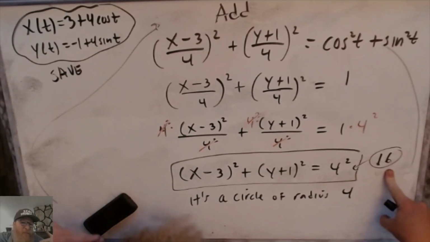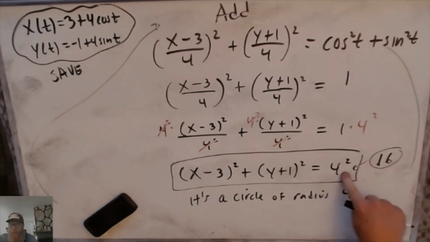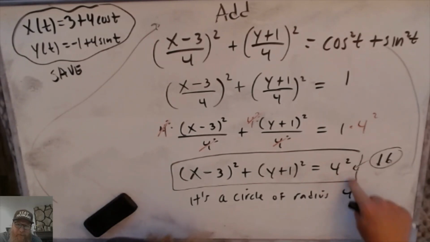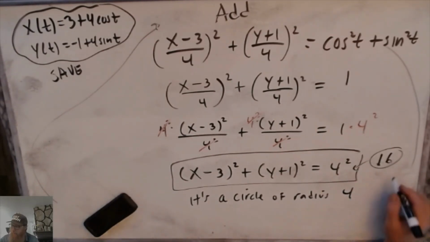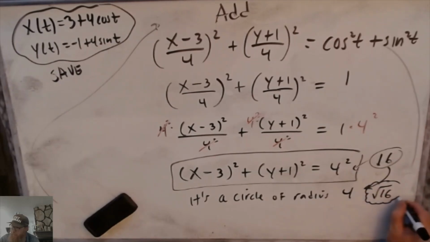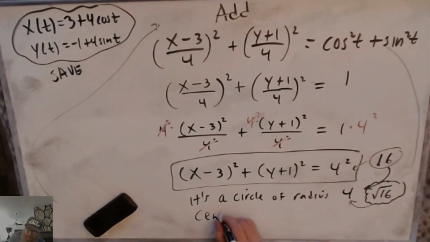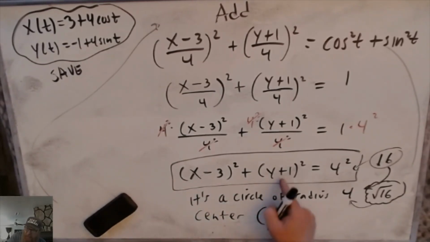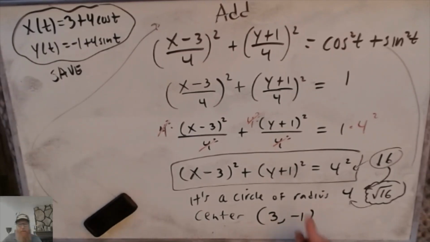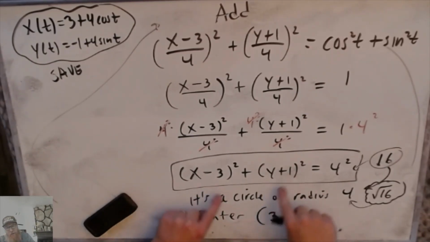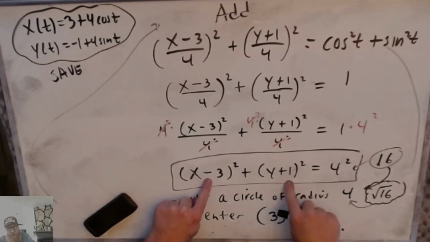Or sometimes they'll say the radius is 8. But when you write it as 4 squared, I think it's clear that the radius is 4. If you want to keep that in mind, it's the square root of 16 becomes 4. And the center is positive 3 and negative 1. Remember, the horizontal and vertical shifts here are the opposite of the x and y values here.